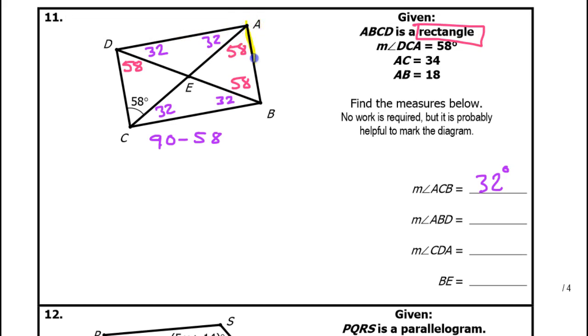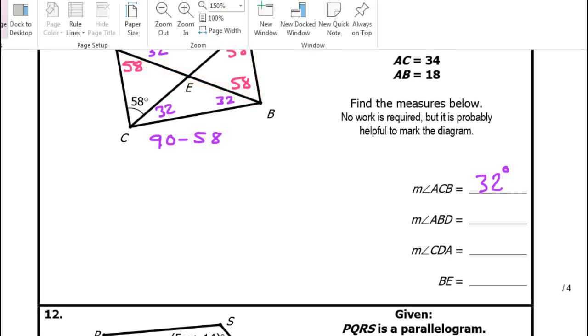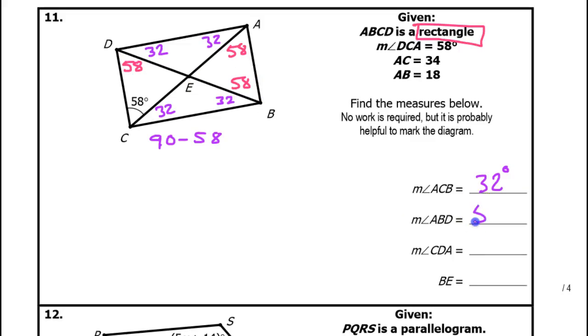Okay, A to B to D. All right, see this 58 in the corner? So 58. Okay, what about angle CDA?